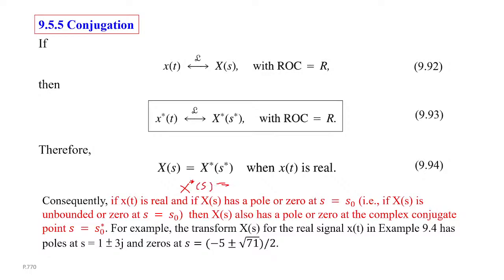Does this help a little? Let me write this down and see if it helps. We can move the star to this side and conjugate both sides, so X star of s equals X of s star.